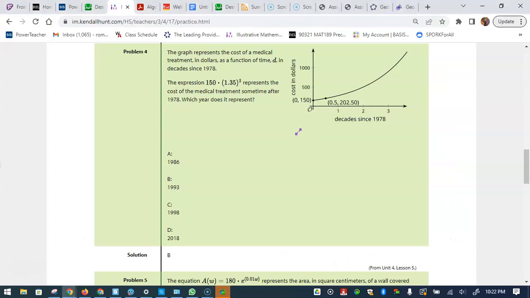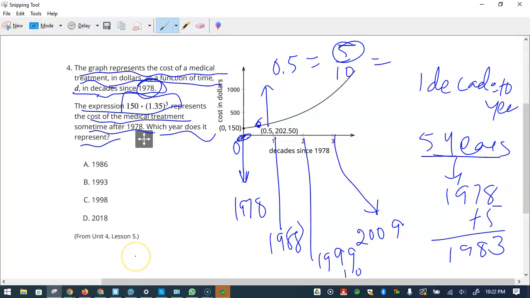So in this expression, they already gave us this part. Let me go back to this here. This expression represents what? Remember, in the beginning it was 150. That's 150 right here. And then we need to know what this point is, right? And you can clearly see 0.5.